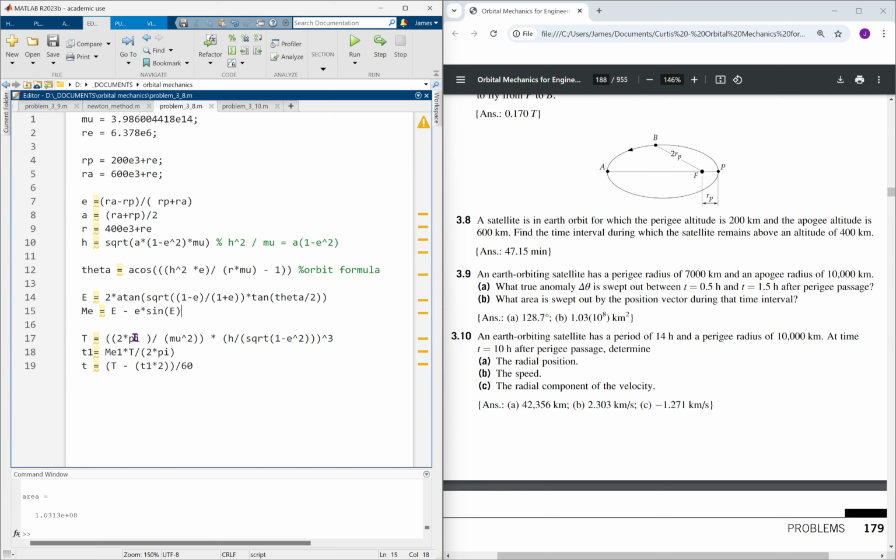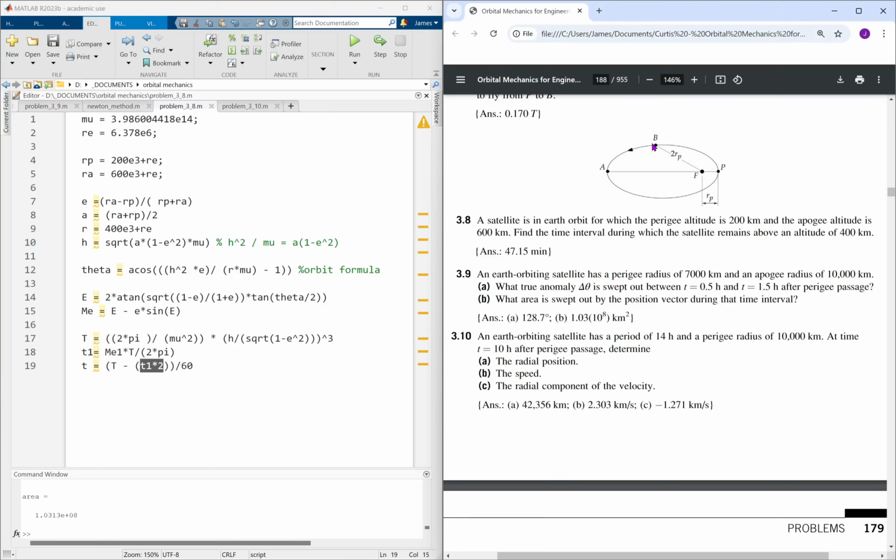We can get the period because we know that we're going around Earth and we have the angular velocity, so we can use the period equation to get the period, and then T1, the point at which we hit 400 kilometers altitude, is here, and then to get the time that we're above that 400, we take the total period minus the time up to 400, which will be twice because it'll be happening on both sides.